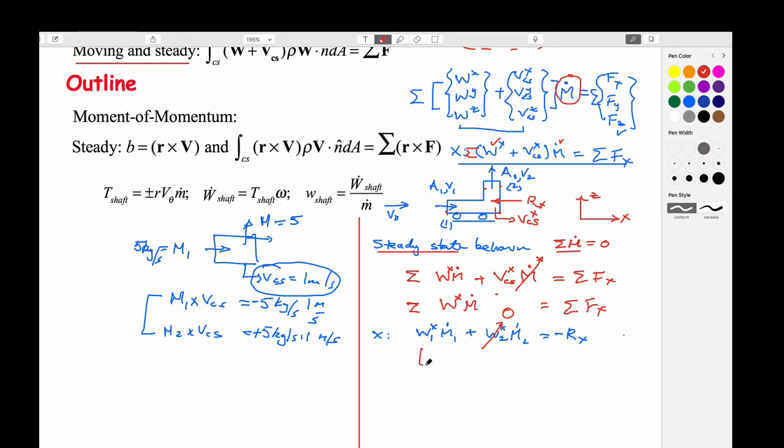For this, we can invoke the idea that the static velocity is equal to the velocity normal to the boundary plus the velocity of the control surface, right? You remember this if I just draw this little cameo.